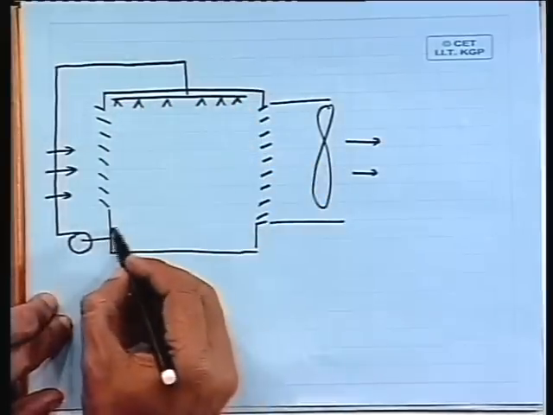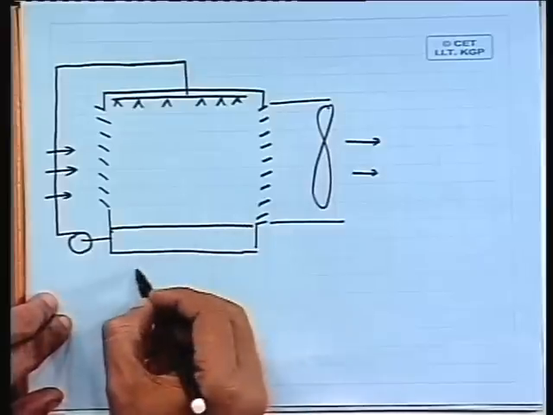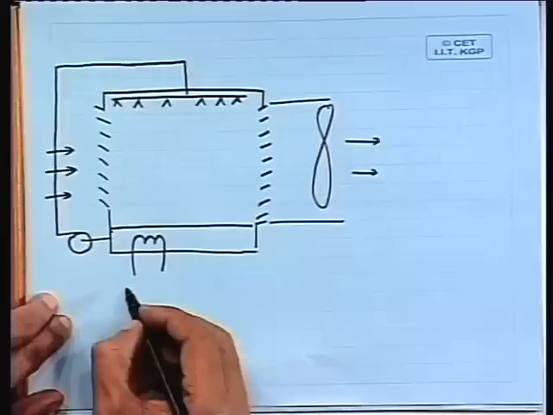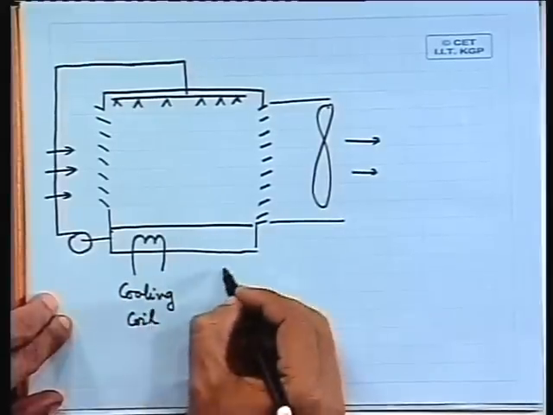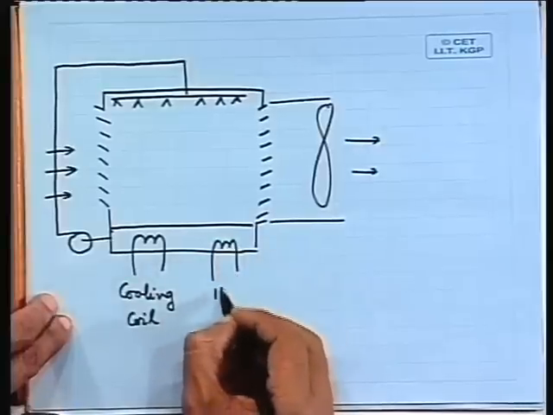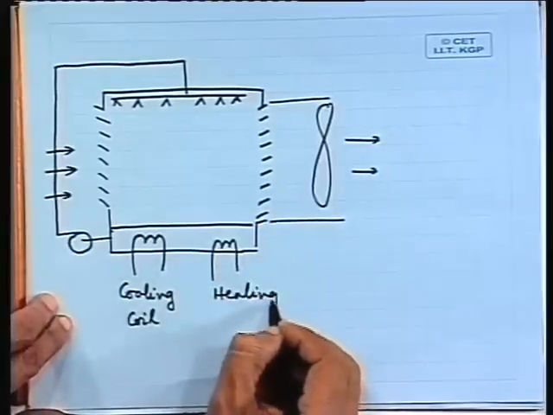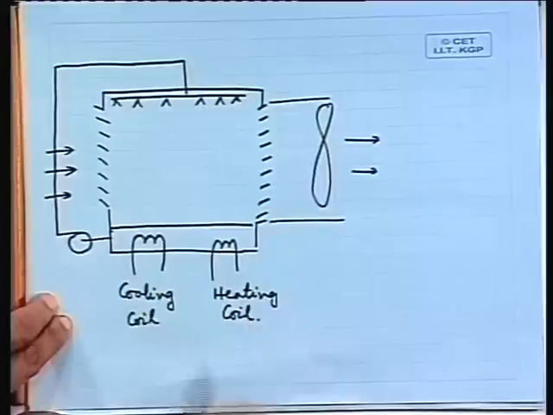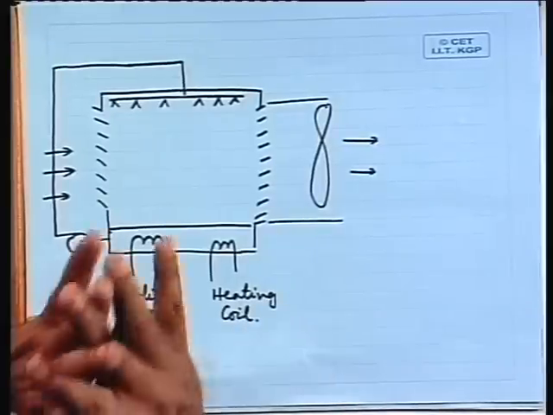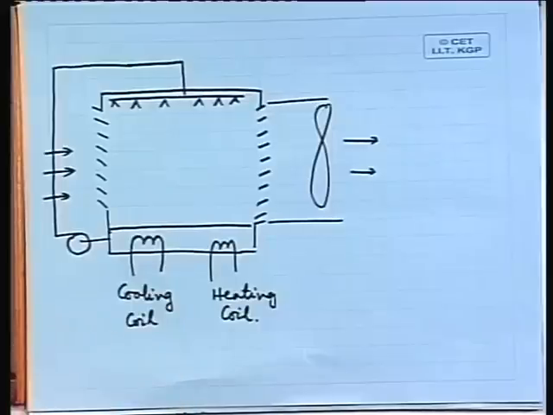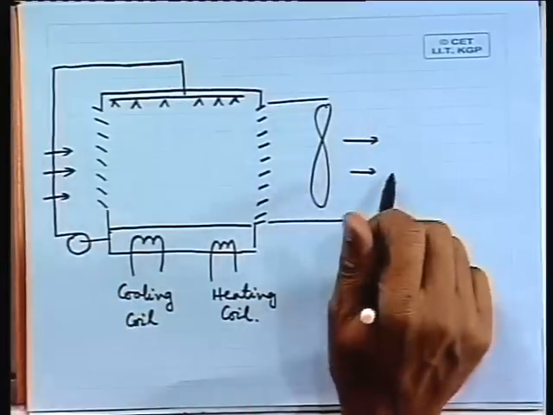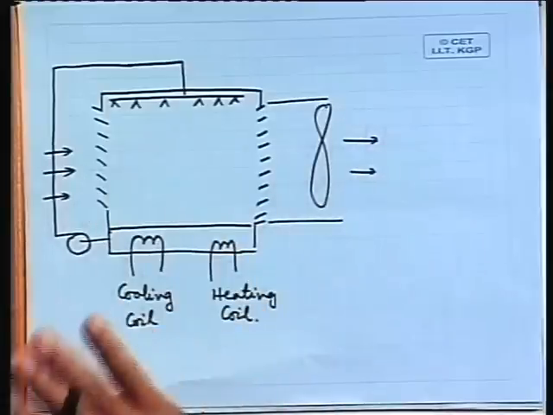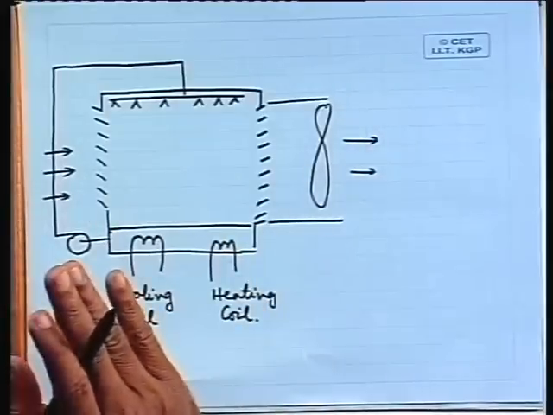Okay. And here you are having cooling coil and you are having heating coil. Okay. So, you are making contact between air and water, but the water condition you can monitor. And again here one can have reheater, etc., reheater or preheater. So, those type of things are possible.